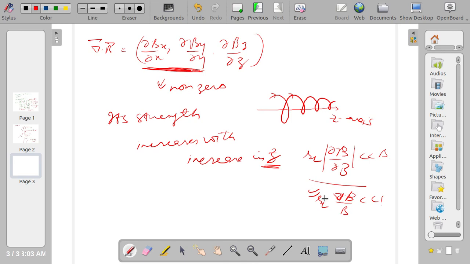So for that I am considering this condition, and this condition must be fulfilled.